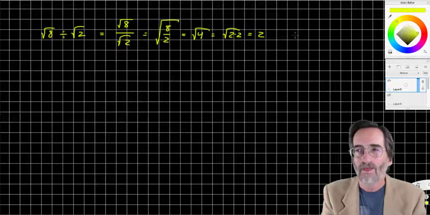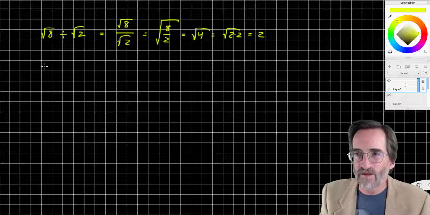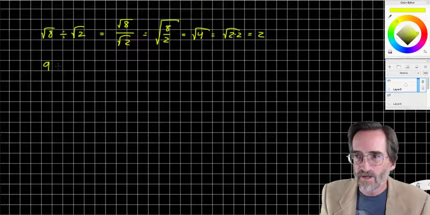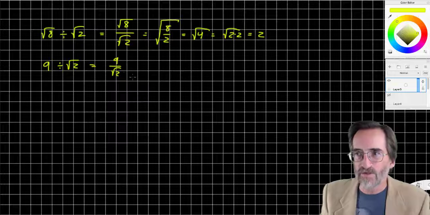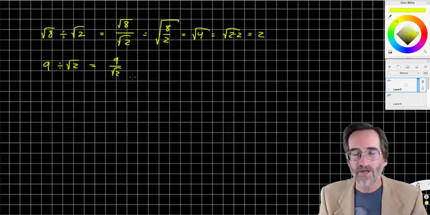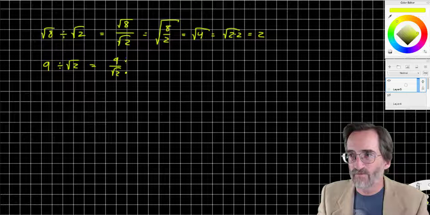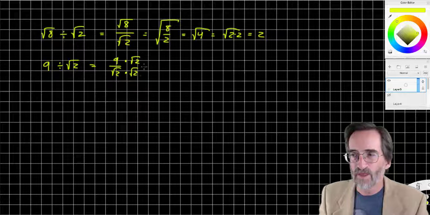Okay? All right? But what if you have a whole number divided by a radical? So 9 divided by square root 2. Well, we write that as 9 over square root 2, but we do something called rationalizing the denominator. We don't like a square root in the denominator, so we multiply top and bottom of the fraction by the square root 2.